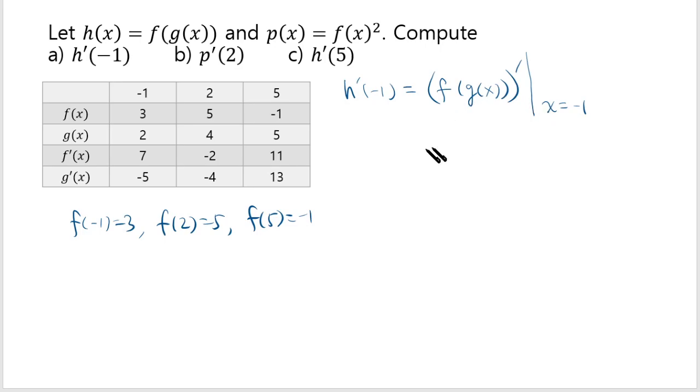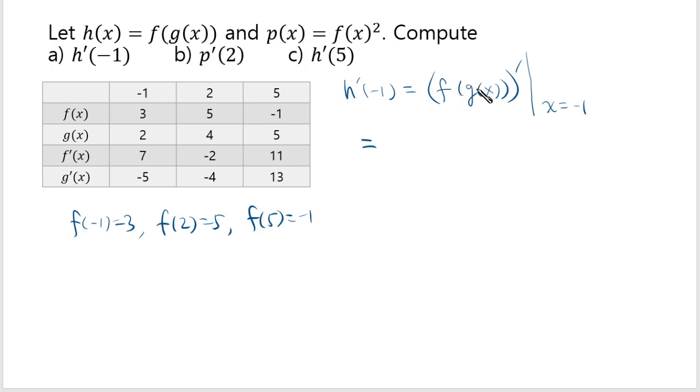That's necessary because if you plug in first and then differentiate, the moment you plug in, it becomes a number, so when you differentiate, you get 0. So it doesn't make sense. This h prime of -1 really means find the derivative first and then replace x by -1.